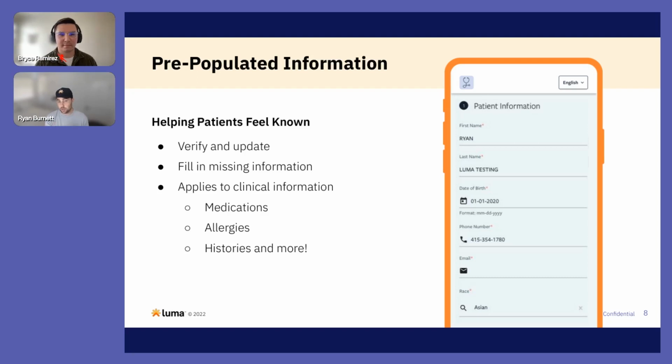I think the coolest part about this is it doesn't just apply to demographics like you're seeing here. We can also do this with some clinical information like medications and allergies, social histories, surgical histories, and some other fields here. So not only do we know your address or your phone number, we also know the medications that you told us last time you were here. We also know what allergies you may or may not have, or if you have had a surgery somewhere else.